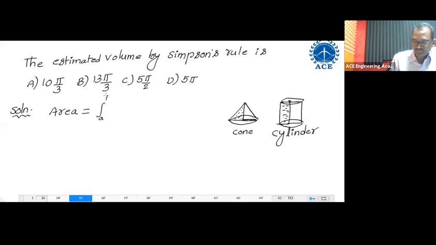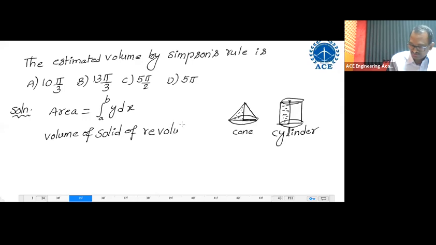is integral a to b y dx. Not the volume formula, this is the volume of solid of revolution.